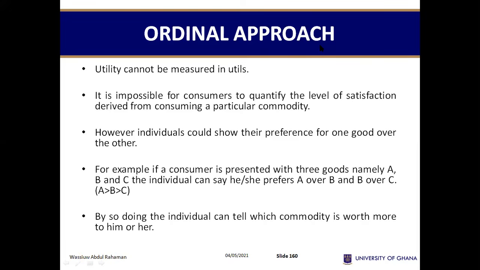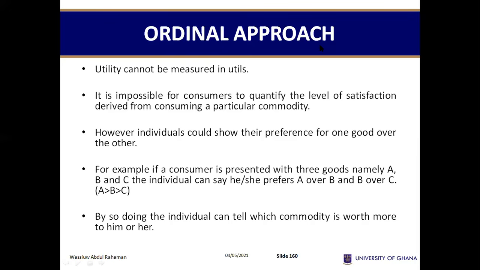So we looked at this, and then we also looked at the more than one good case. So we focus on two commodities, X and Y. So in that sense, the equilibrium condition is that the ratio of marginal utilities should be equal to the ratio of prices, or the marginal utility of one commodity over its price should be equal to the marginal utility of the other commodity over its price.